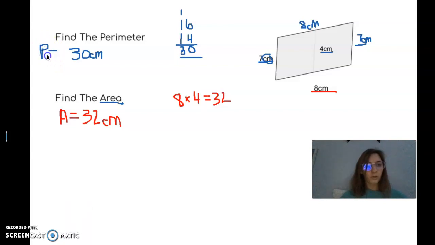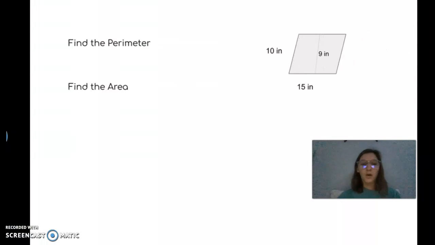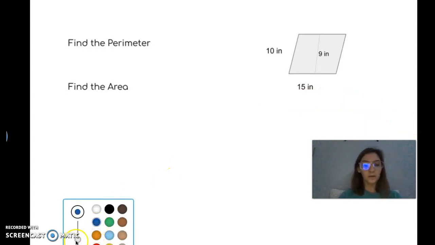P equals 30 centimeters. Alright, so that's how you find perimeter and area. So our next one, we have one more after this one. So this one you guys can try on your own, and then we'll go over it. At this point, the students would do this on their own.